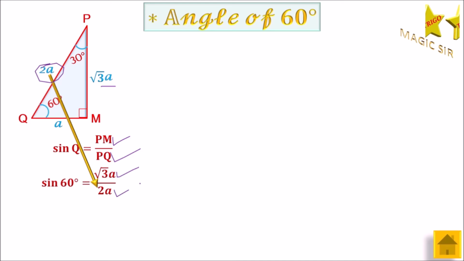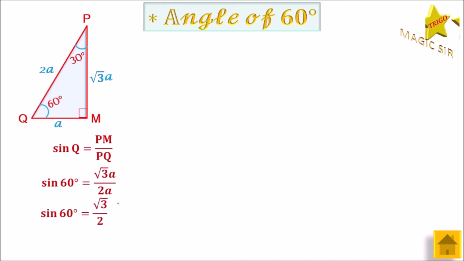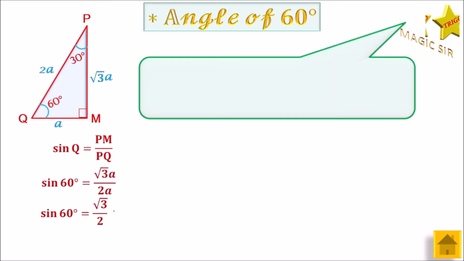Therefore sin 60 degree is equal to root 3a upon twice a. By simplifying, we get sin 60 degree is equal to root 3 upon 2.